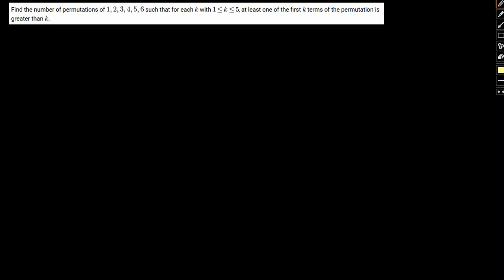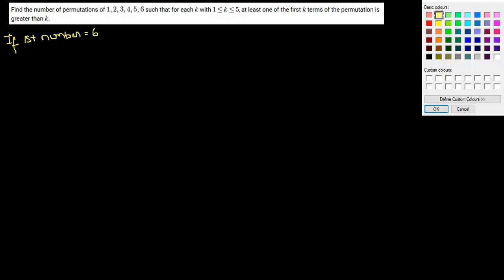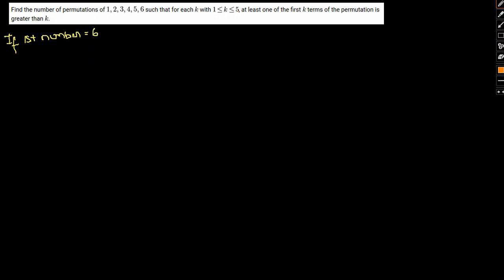We'll solve this with multiple cases. The first case that we'll focus on is if the first number is equal to 6. So we have 6 numbers, 1, 2, 3, 4, 5, 6. Suppose 6 is placed here.